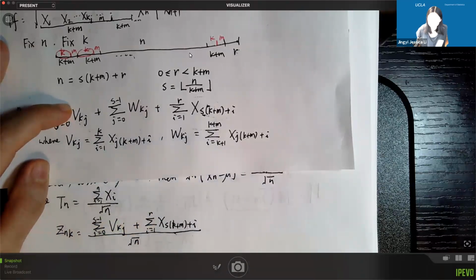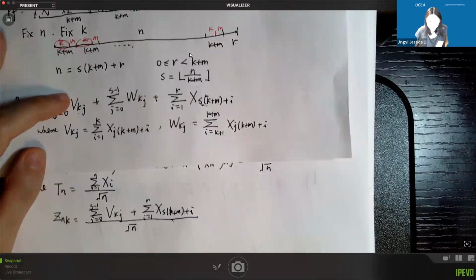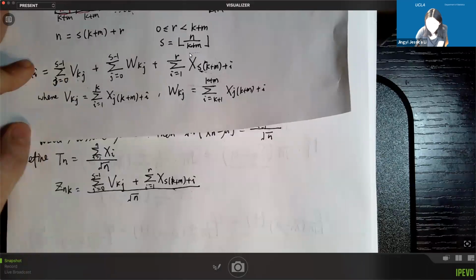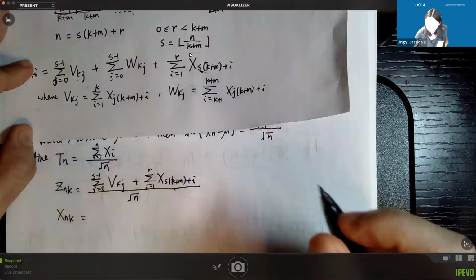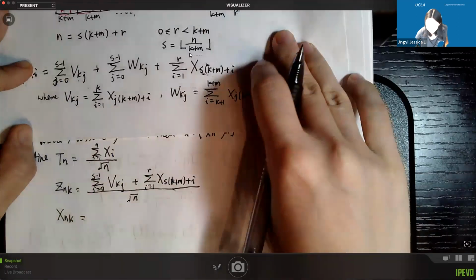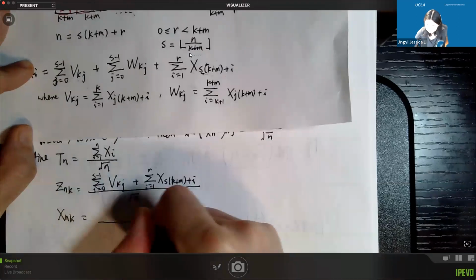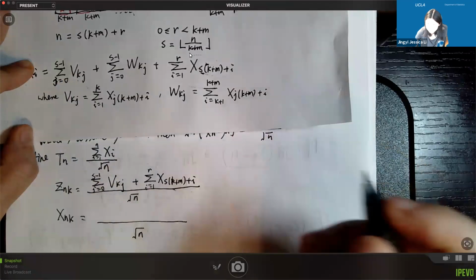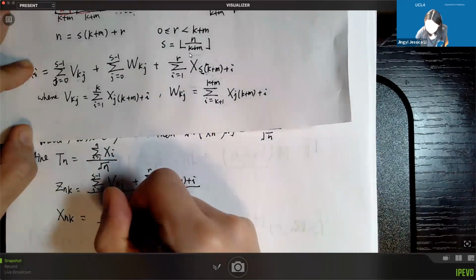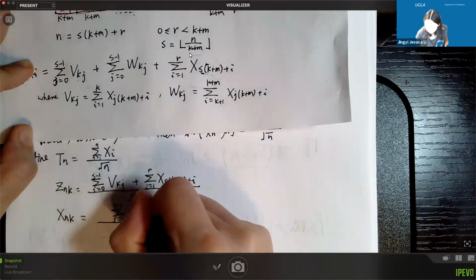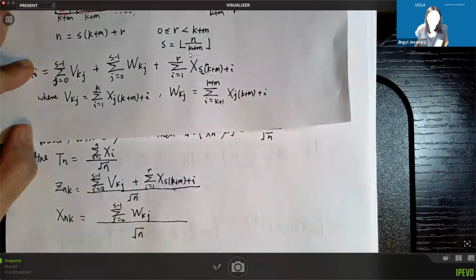That's my second term. And my third term, which I call X_{n,k} in the lemma, would be root n times the summation j from 0 to s minus 1, W_{kj}. That's it.